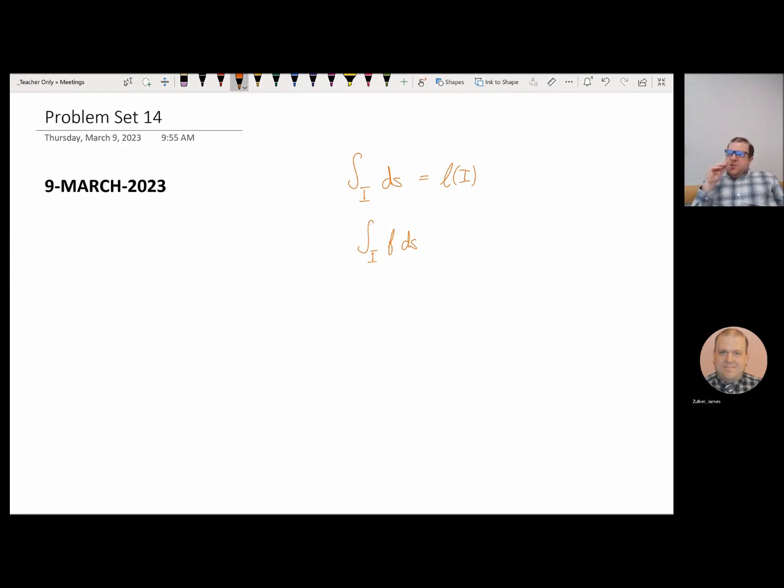You integrated a function over an interval. What was the geometric result? Now this I know is covered in Calc 1. Area under the curve.